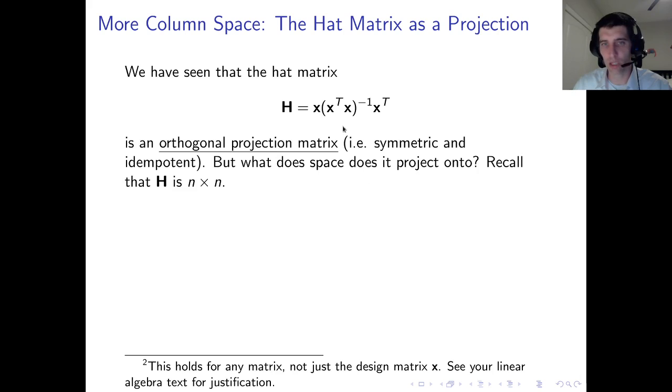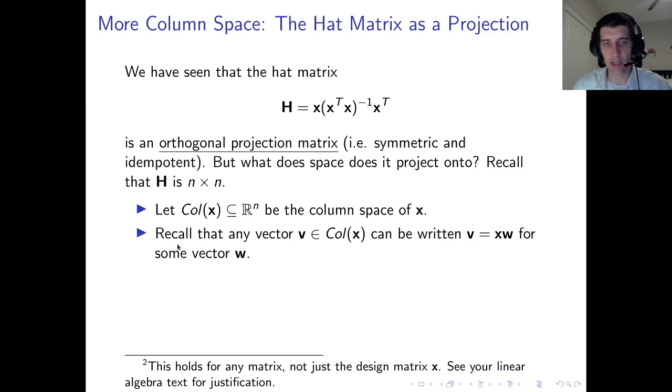So recall that we've shown that H is n by n, where n is the number of observations. I'm going to denote by col of X the column space of X, the span of its columns. So here are some linear algebra facts coming at us.